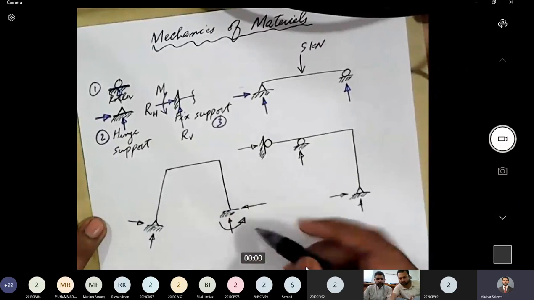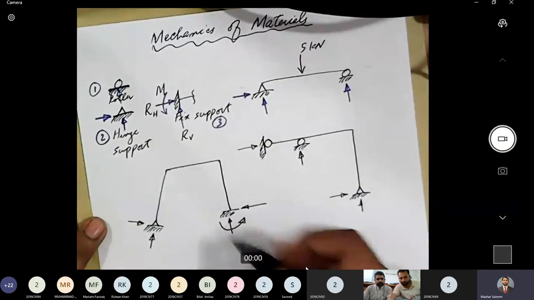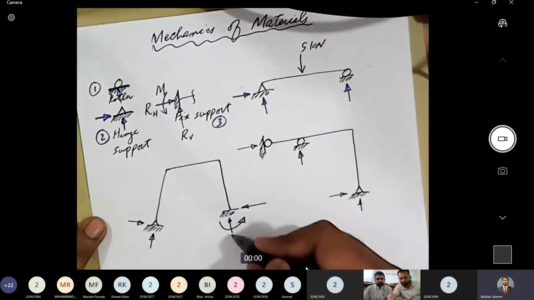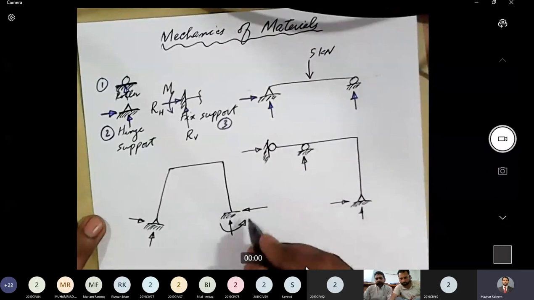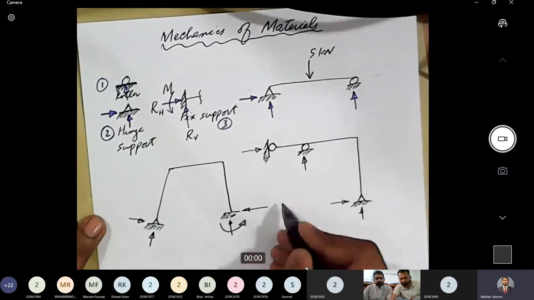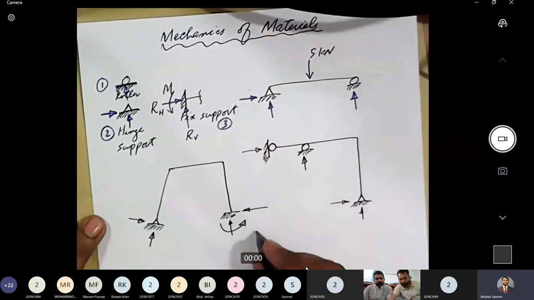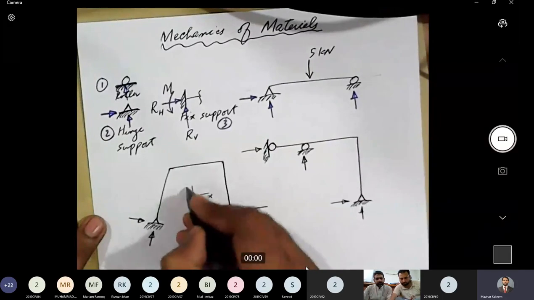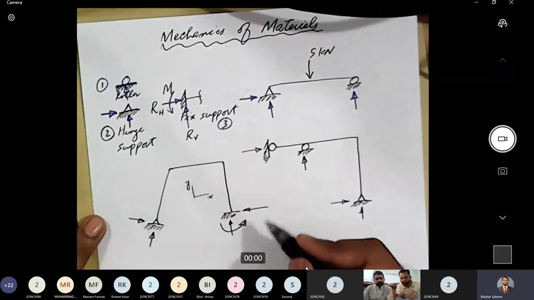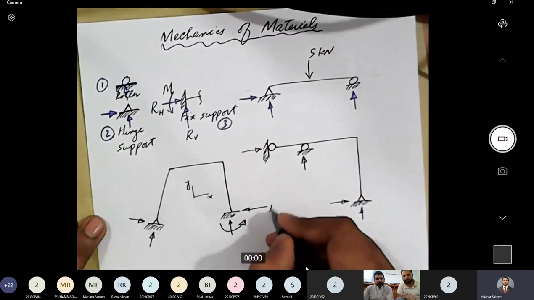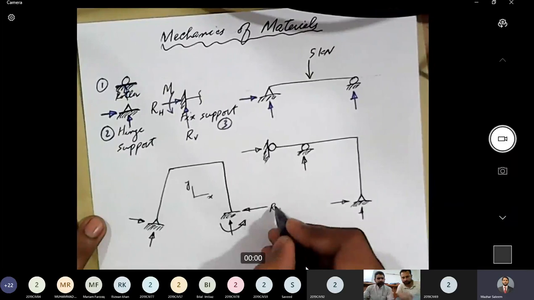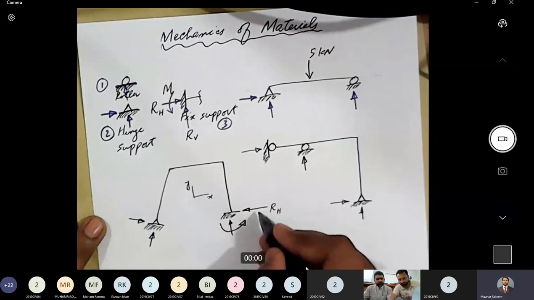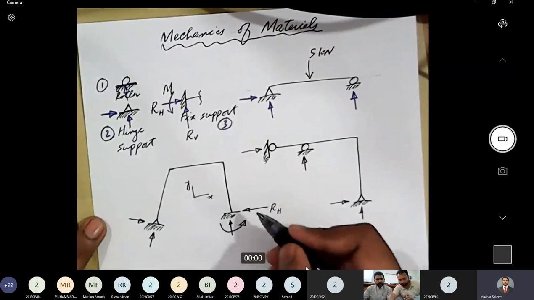And one thing is that we know it will be parallel to the supporting surface or perpendicular to the supporting surface, but we don't exactly know what their direction will be, whether this reaction will be leftwards or rightwards. If I say these are my axes, this is positive x direction and this is positive y direction, I do not know whether this R horizontal will be along negative x-axis or along positive x-axis. I'm just hypothetically marking these directions. Their direction depends upon the orientation of the applied loading.